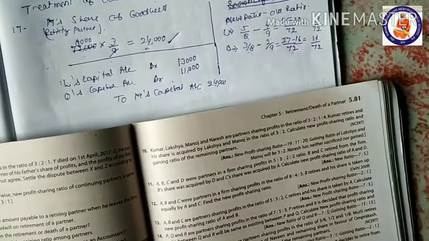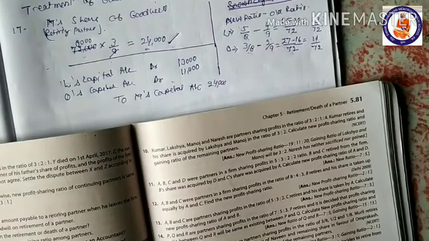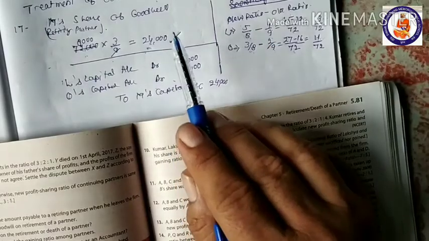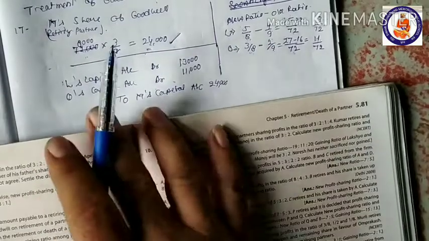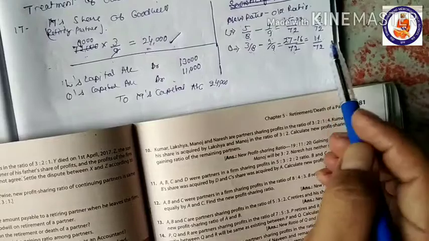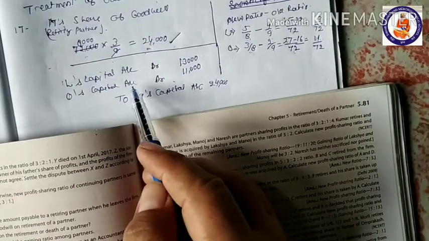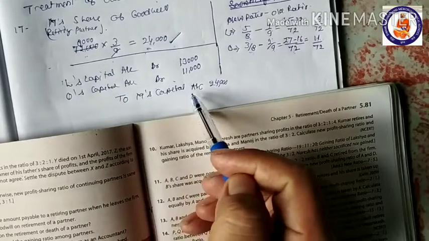In this ratio they will bear the value of the goodwill. So both the partners will be debited. L's capital account is debited and O's capital account is debited, to M's capital account.